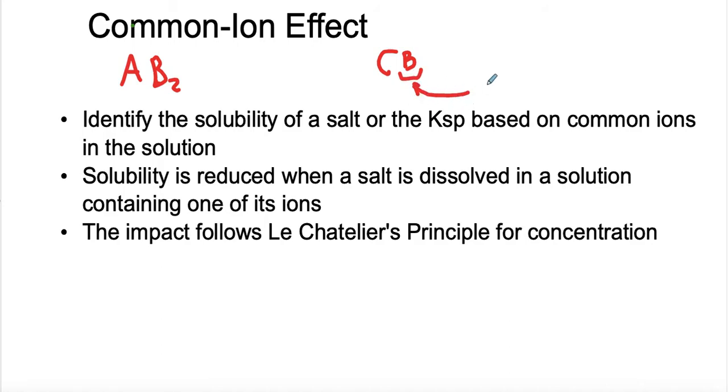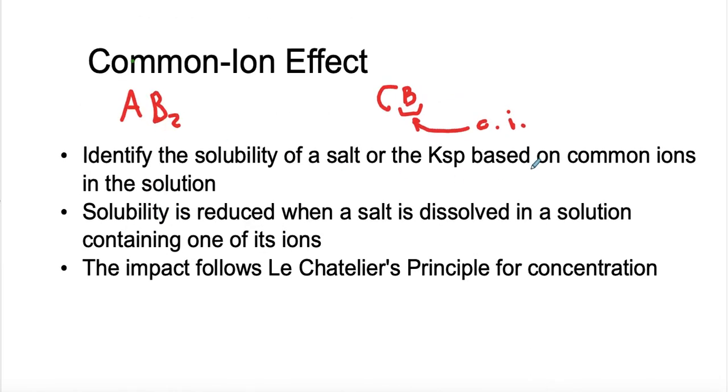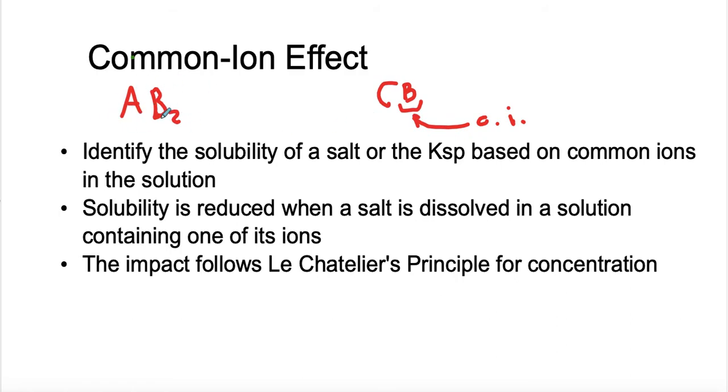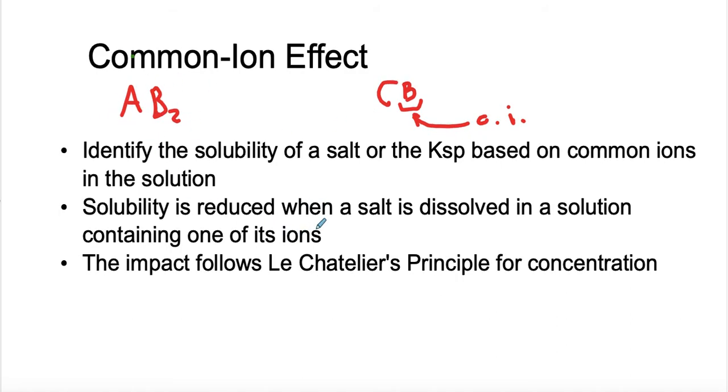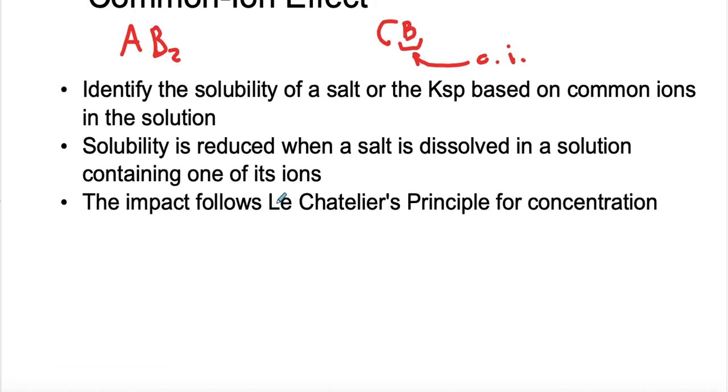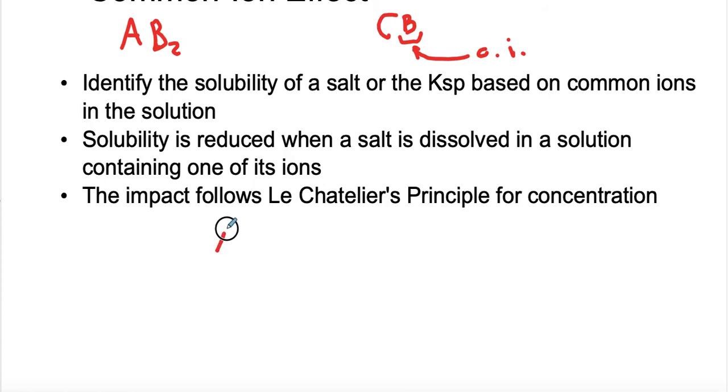Common ion is the B. It's going to change how you do the equilibrium expression because you already have some of the ion in there. So your solubility changes if you already have some ions in there that are a part of the chemical that you're trying to dissolve. You can think about this in terms of Le Chatelier's principle.